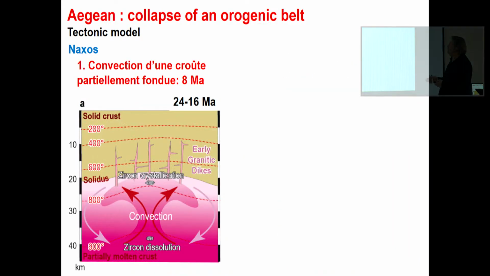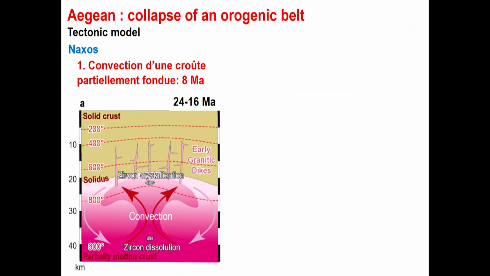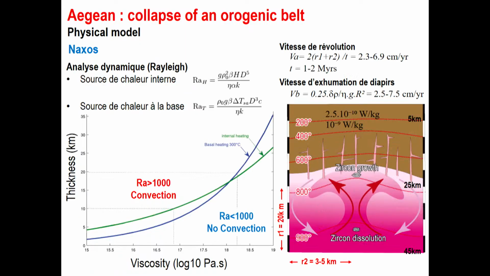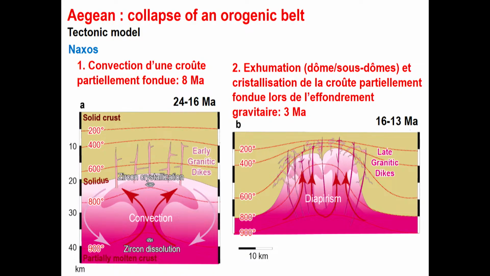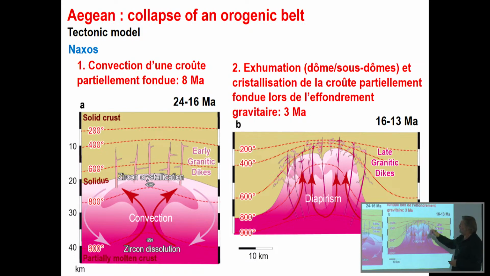So how does it go now? Okay, now compared with the dikes. So we have the early dikes. Sorry. First, convection from 24 to 16. So that lasted 8 million years. And then the early dikes start to pick up after the end of the geochronological record in the migmatites at 60 million years.